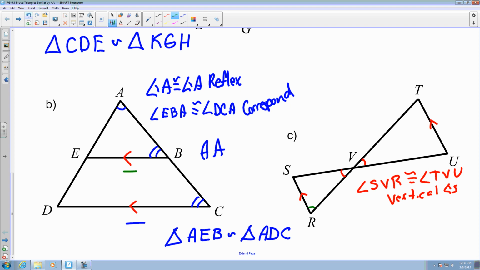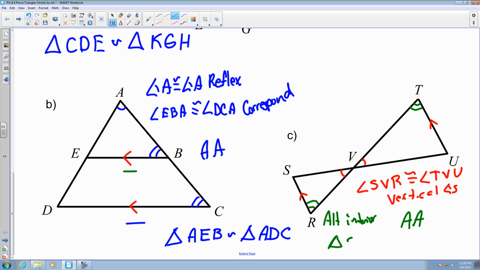I know that angle SRV, I'm sorry, and angle UTV are congruent because of alternating interior angles. So since those two are congruent and the vertical angles are congruent, I can say yes, these are similar because of AA similarity. So, let's take a look.